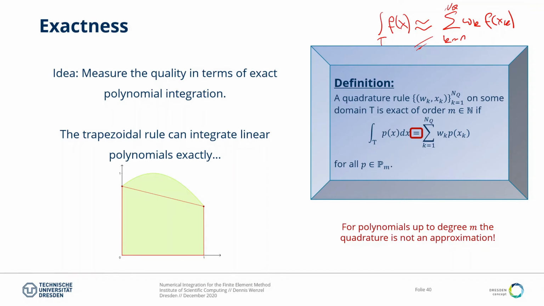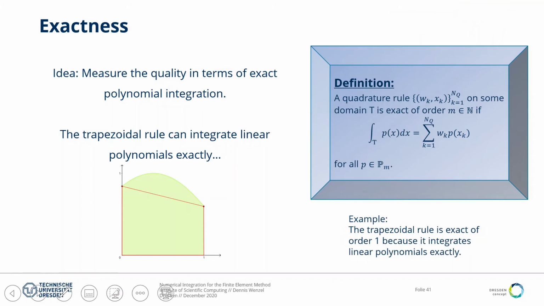And as we will see in the follow-up, this is something you can a priori estimate. When defining a quadrature rule, you can already from the beginning, without computing an actual integral, say this rule will be able to integrate linear polynomials exactly.